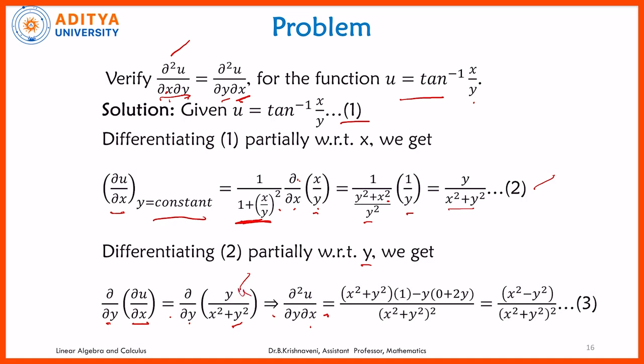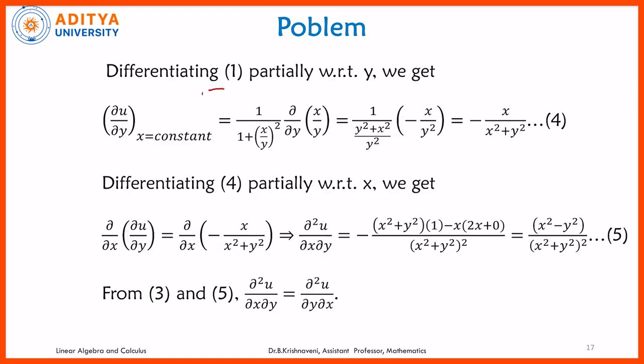Here u is y and v is x square plus y square. First u dash, the derivative of y, is 1, into v, x square plus y square, minus u, which is y, into v dash, the derivative of x square plus y square with respect to y, which is 2y, divided by v square, x square plus y square whole square. Now simplify: x square plus y square minus 2y square gives x square minus y square, and the denominator is x square plus y square whole square. Let it be equation number 3.